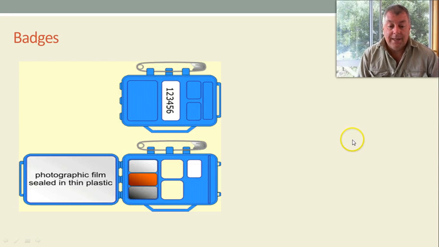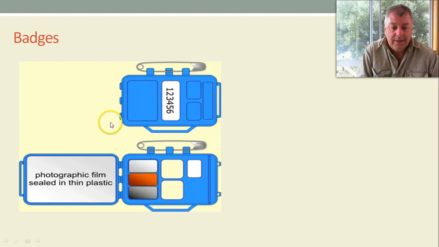Now, photographic plate or photographic paper is still used to detect radioactivity. And if you've ever been to the hospital, had an X-ray, or been in a lab, you may have seen people wearing things like this, and basically they're workplace radiation recorders or radioactivity recorders.